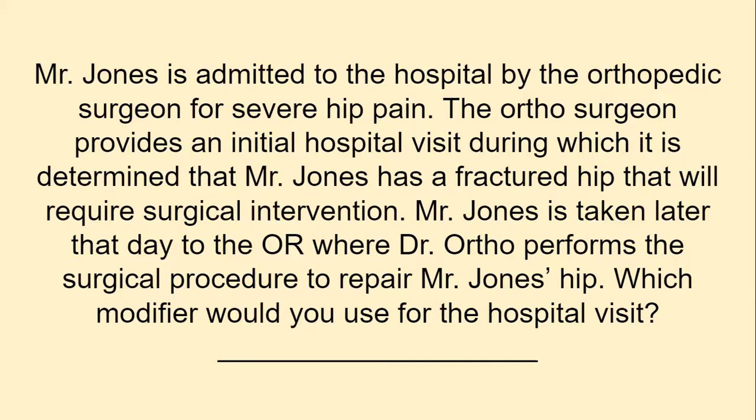So what did we decide in this hospital visit? We're not really necessarily doing his surgical repair. We're doing that he was seen at the hospital visit. We made a decision for surgery. Yeah, we needed surgical intervention.